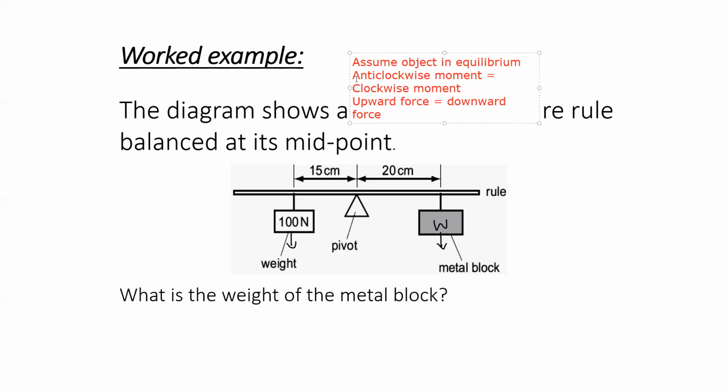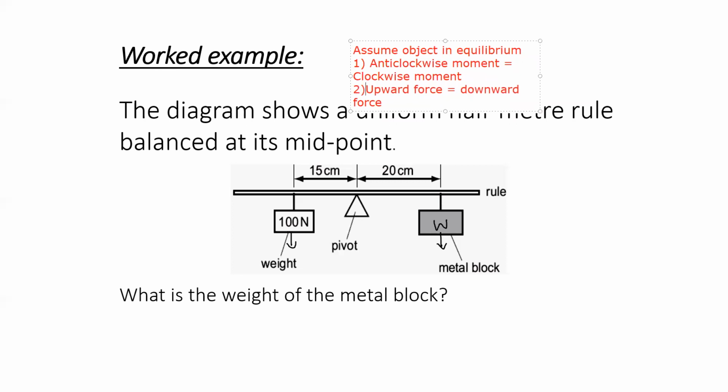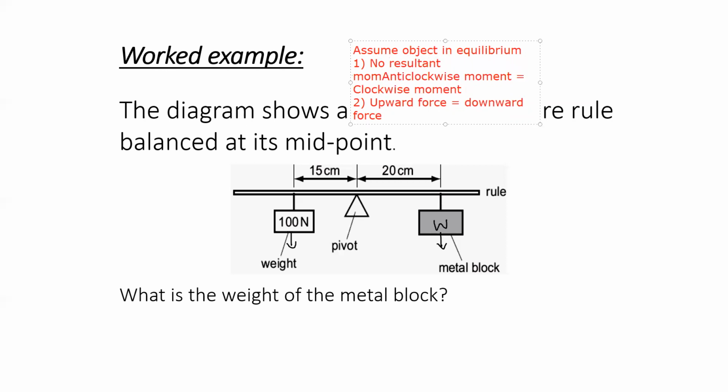These are the conditions for an object to be in equilibrium: no resultant moment, or we can also say that anti-clockwise moment is equal to clockwise moment, and the second condition, no resultant force, or we can also say the upward forces equal the downward forces.